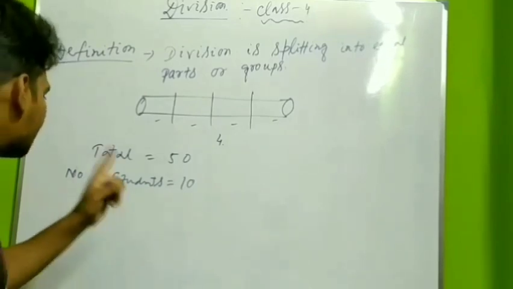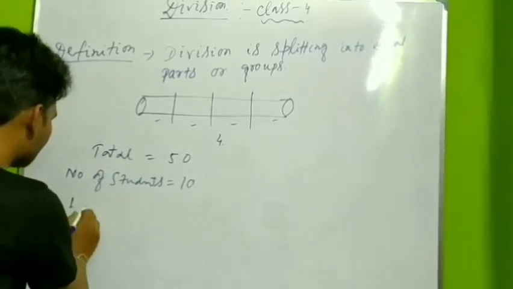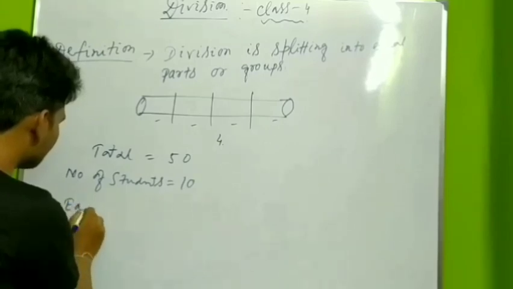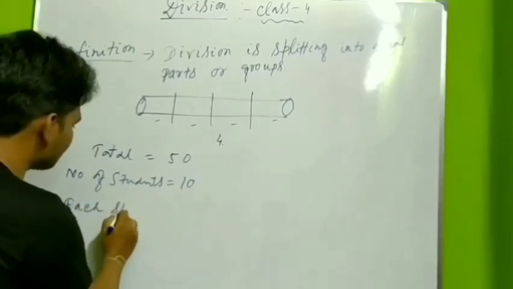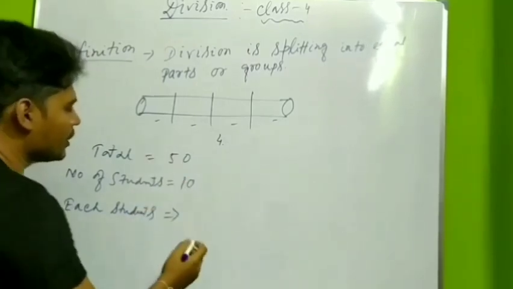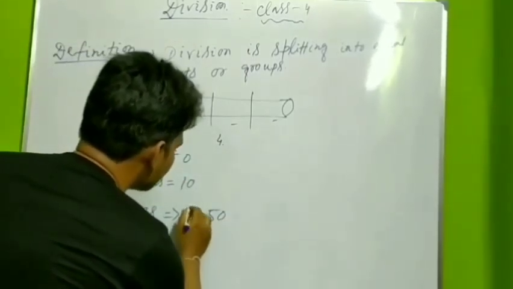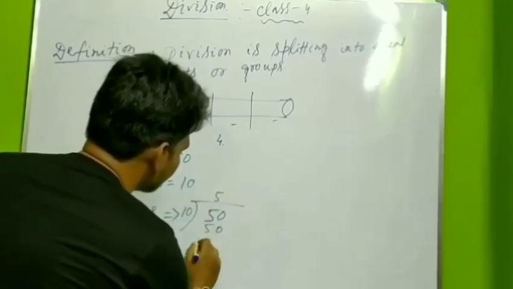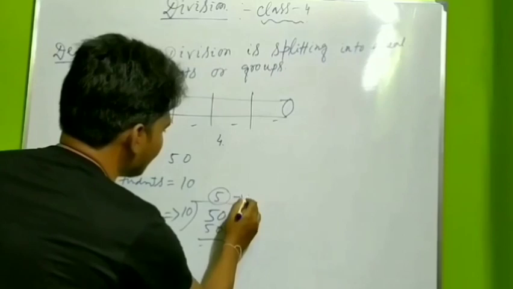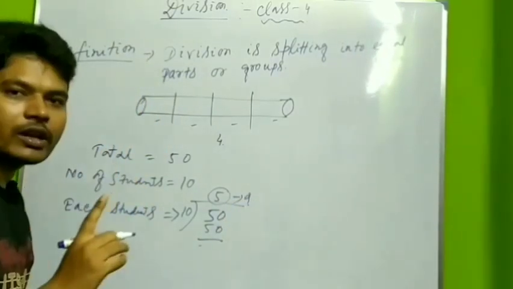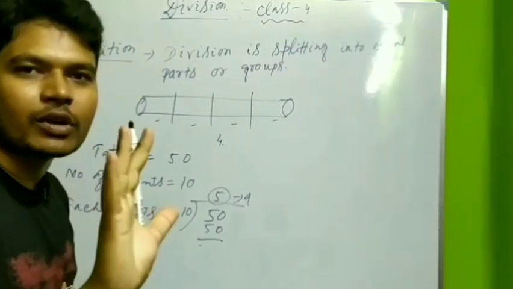Then how many chocolates will each student get? We have to divide 50 by 10 and we get the quotient, that is 5. So that is the result. That means each student will get 5 chocolates.